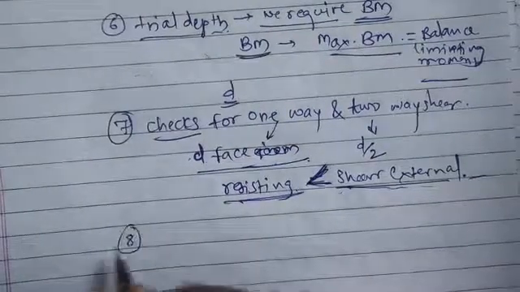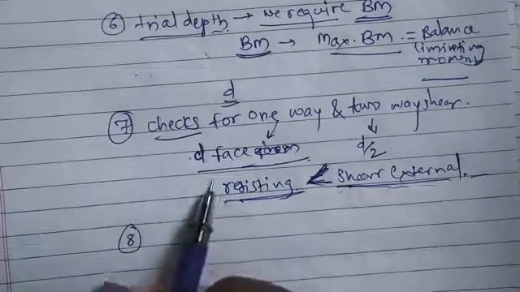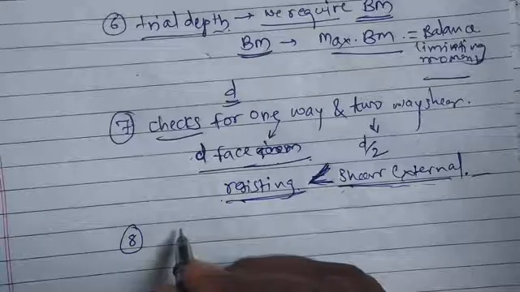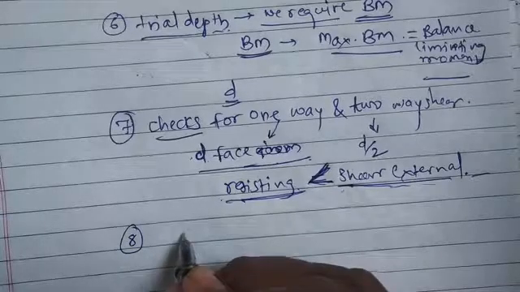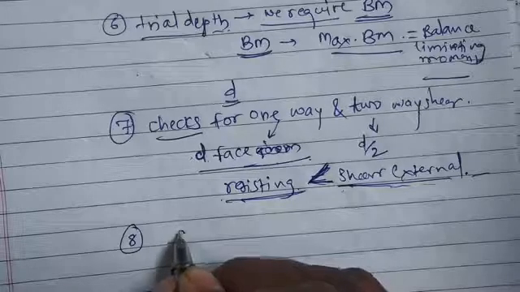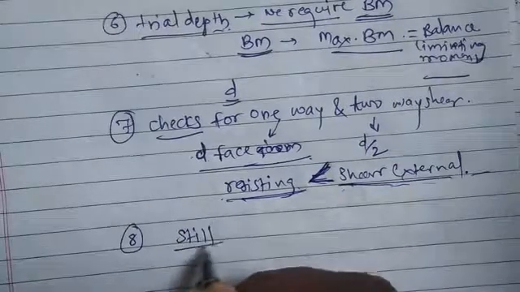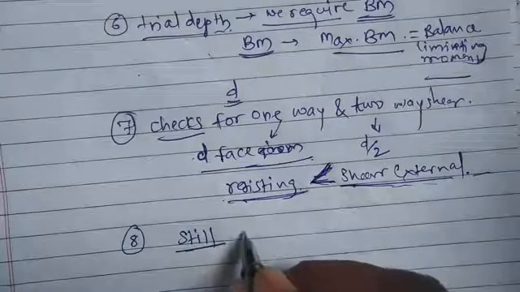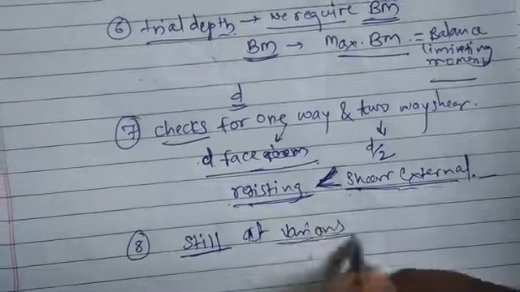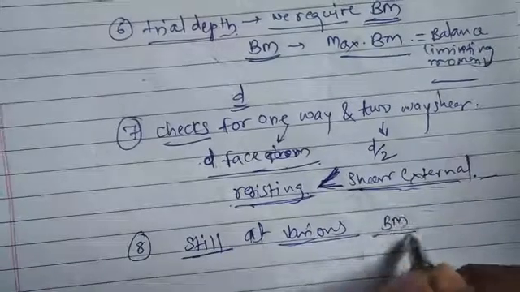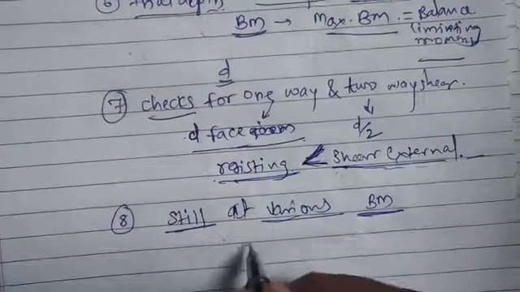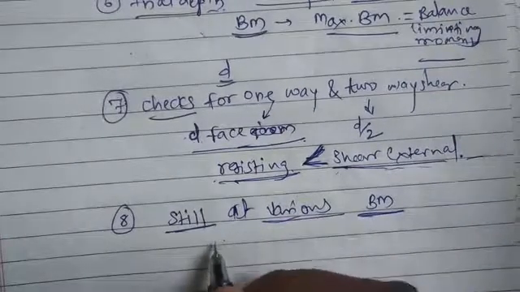After taking these checks, we move towards the next step, which is calculating the steel at various sections. According to the bending moment which we have calculated, we provide different reinforcement as per the BM at that position.